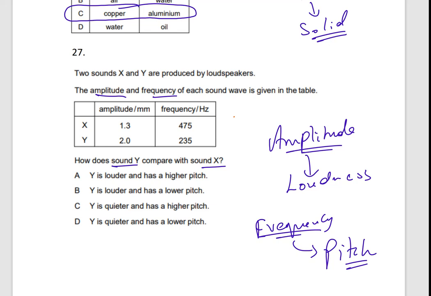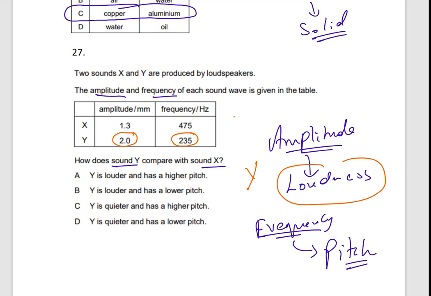Sound Y has a greater amplitude comparatively and lesser frequency comparatively. So if it has greater amplitude, Y would be louder than X.